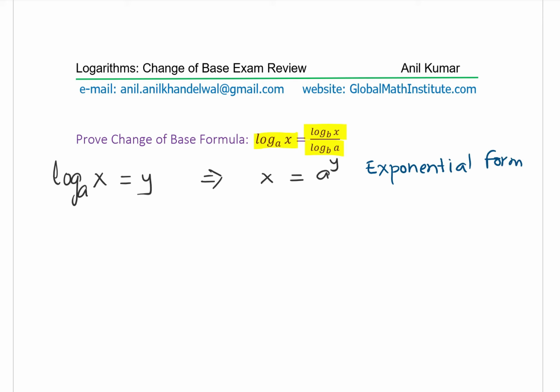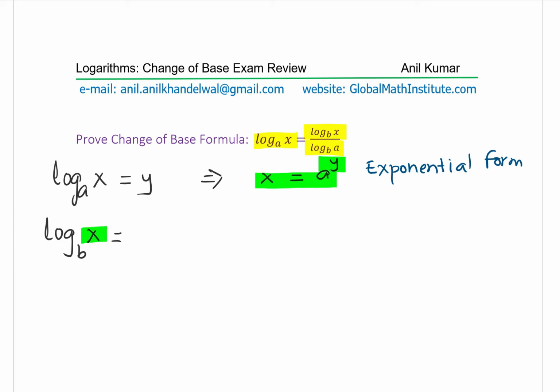Now what we really need to know is how do we write log to the base b of x related to base a. So let us take up log to the base b of x now. Now we could always substitute the value of x, which is equal to a to the power of y, here.